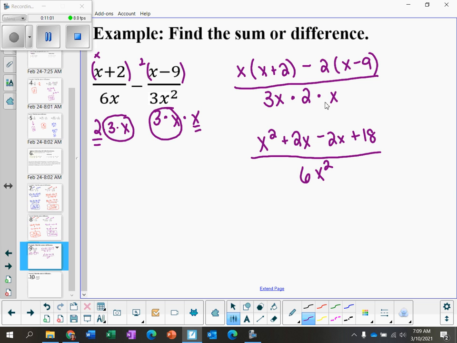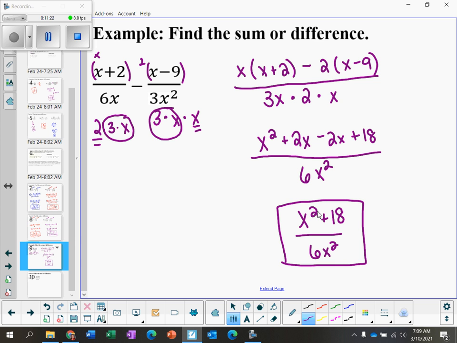So if there was parentheses, if there was more than one part to the term, I would not multiply, but if it's individual pieces like this, I will. So x squared, the x's cancel, plus 18. So x squared plus 18 over 6x squared. And that is my final answer because nothing can be factored out of the top. So there's nothing to cancel out with the bottom.